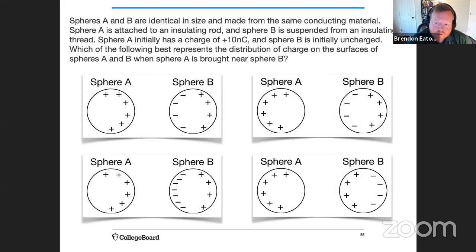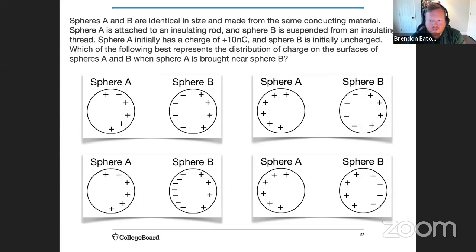This one says that spheres A and B are identical in size. That's an important note because we do have a question about different sized ones. They're made from the same conducting material. Sphere A is attached to an insulating rod, and sphere B is suspended from an insulating thread. So the point of them stating that both of those objects are only touching an insulator is to show you that that object is not grounded.